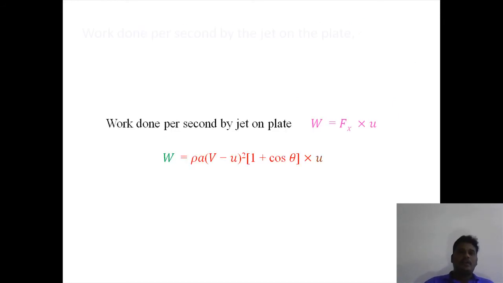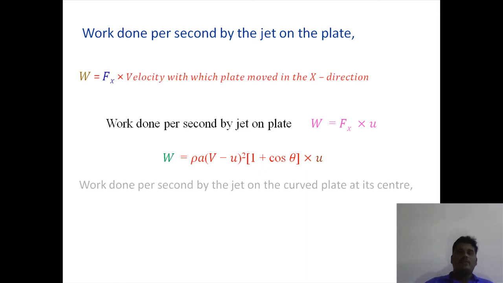Next, how can you find the work done per second by the jet on the plate? You know that work done is force into velocity. Work done per second by the jet on the plate is W equals force F x multiplied by the velocity u. Already we have the formula for the force along the x direction, rho a (v minus u) whole square (1 plus cos theta).